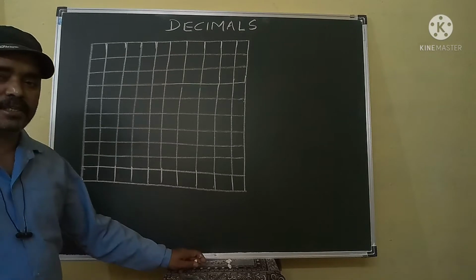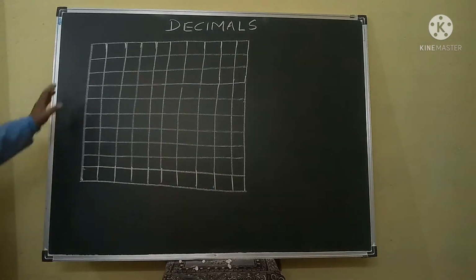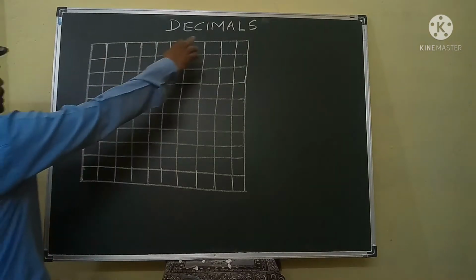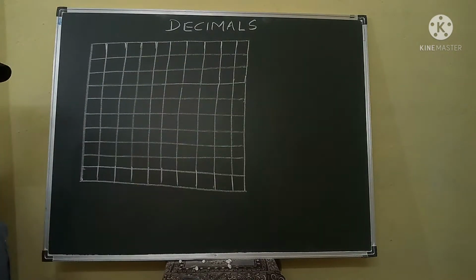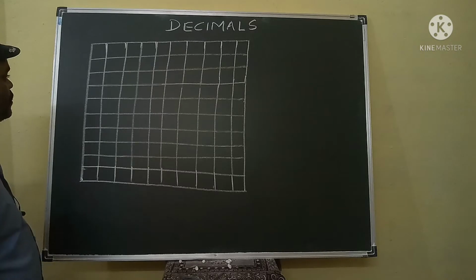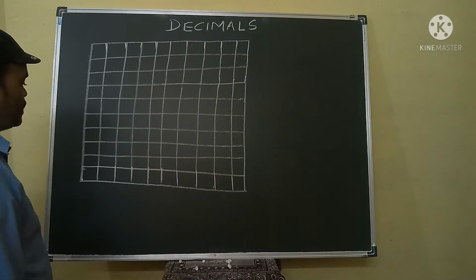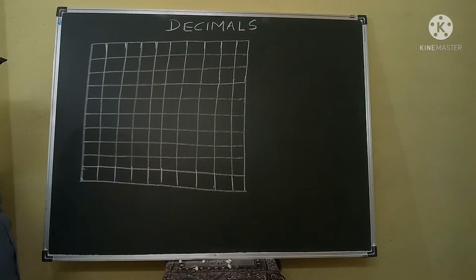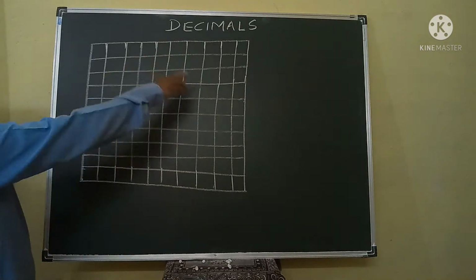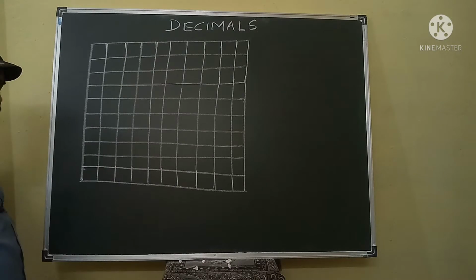My dear students, as you are looking, this is one big rectangular block, and this rectangular block is divided into 100 equal parts. How will we count?